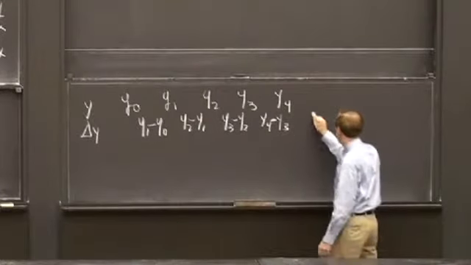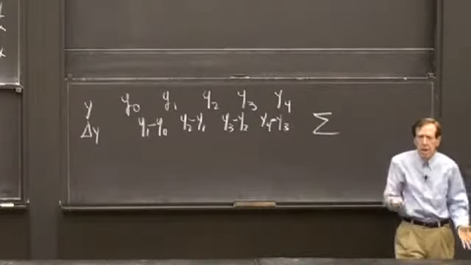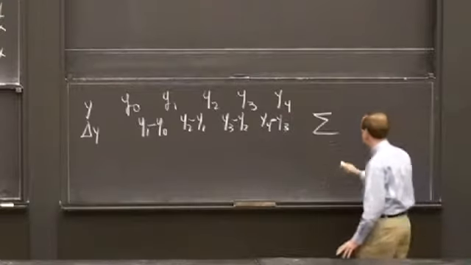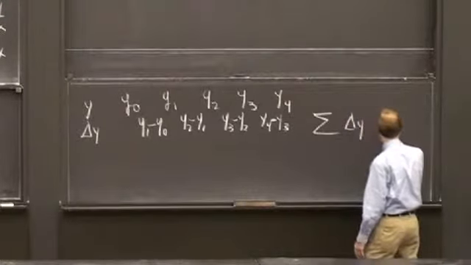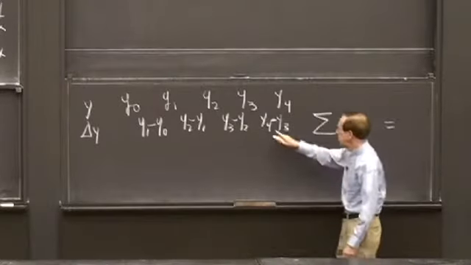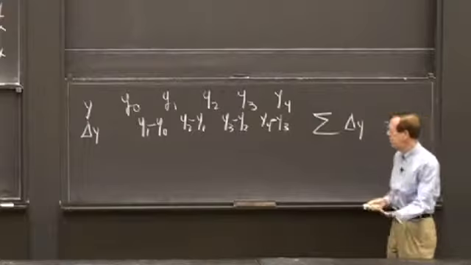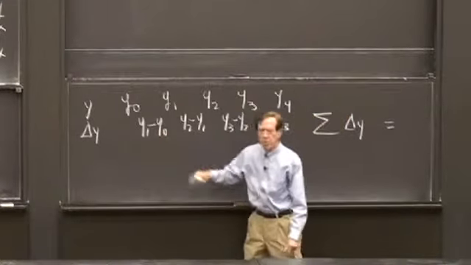So the sum, I can use just a sigma symbol, but I'll just say sum and you know what I mean, of these delta y's is what? It's what happened after all those cancellations. Did everything cancel? No way. y4 is still there, minus y0 is still there.